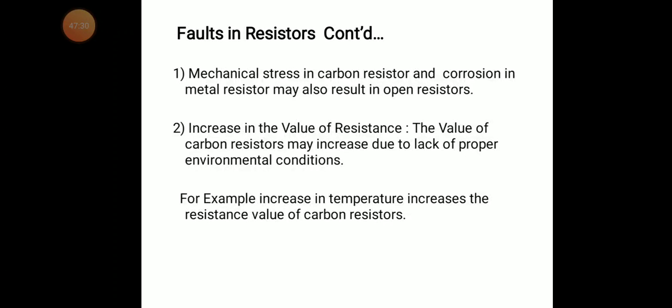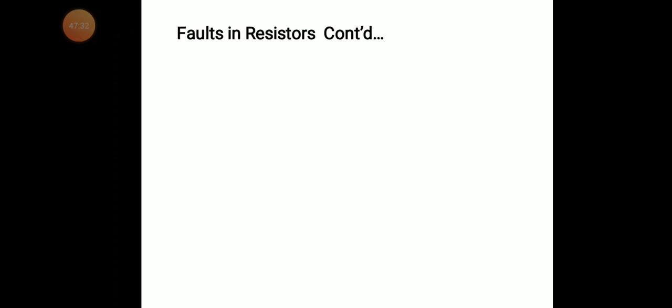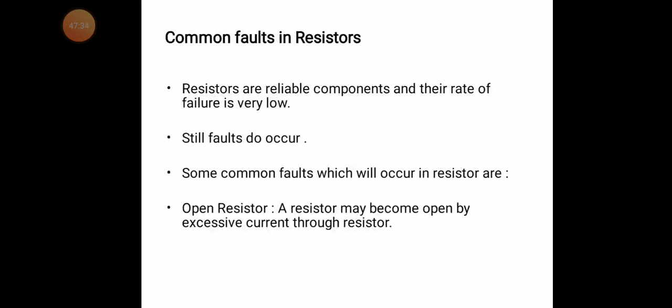Next is the increase in the value of the resistance. Another is open resistors. We need to take care of these 6 faults so that we can make the resistive circuit a noise free circuit.